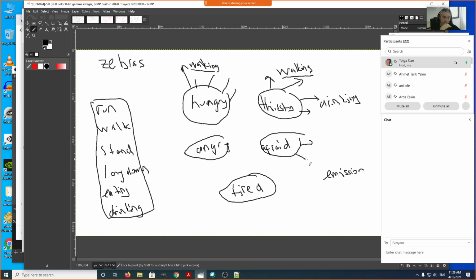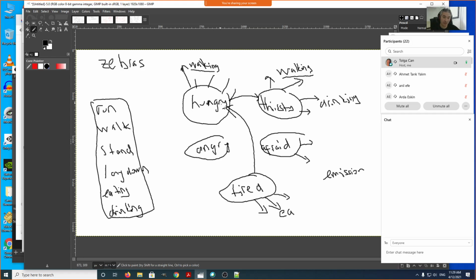Another important thing in hidden Markov models is that there are transitions between states. For example, after it's tired, and we observe some eating, or maybe not eating, it may go to the hungry state. After the hungry state, we may go to the thirsty state.